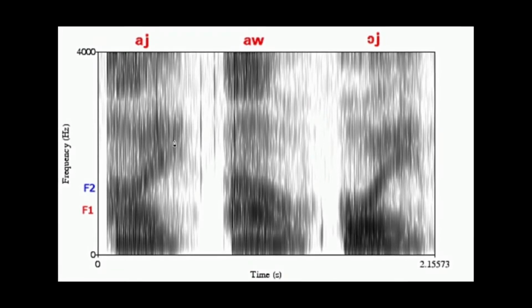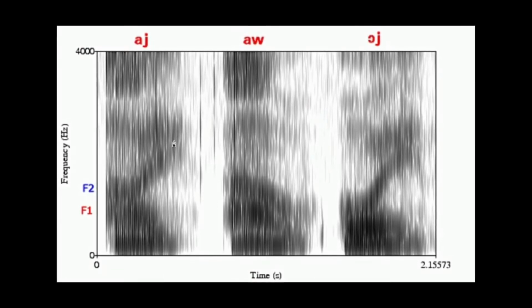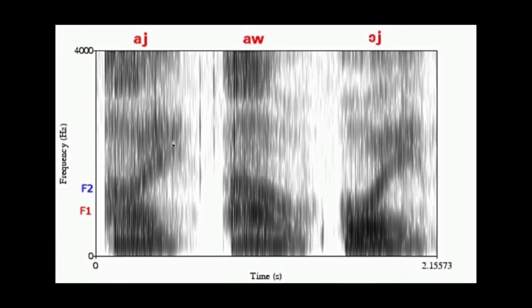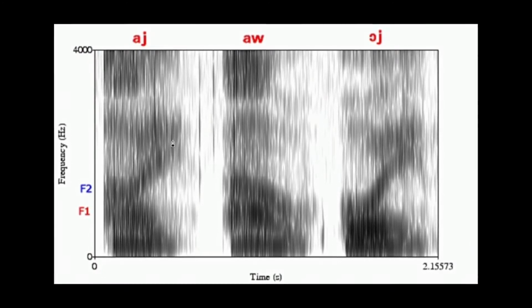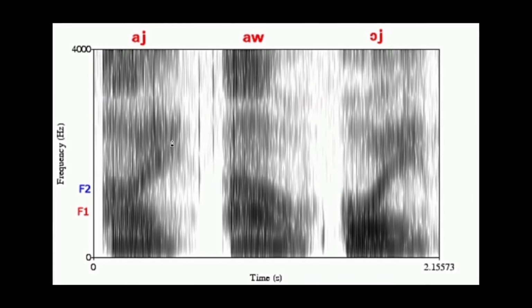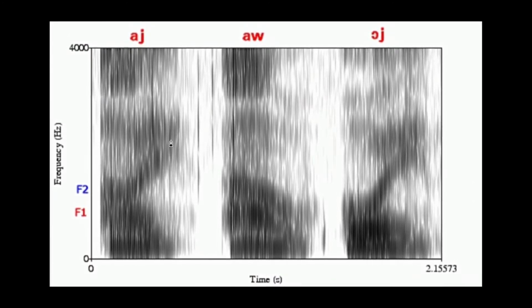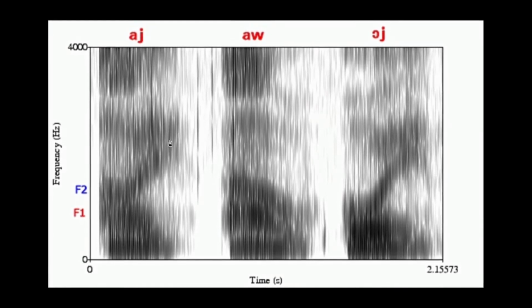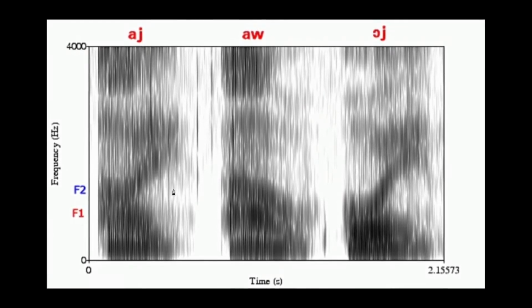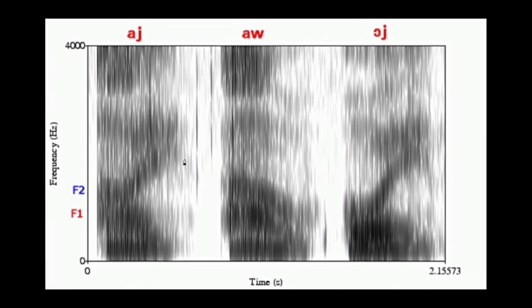On-glide is the starting point of the first vowel, while the off-glide is the end point of the diphthong. This change in vowel causes the formants to shift in frequency from beginning to end of the sound, also known as formant transitions. We will now analyze the formant patterns of diphthongs.